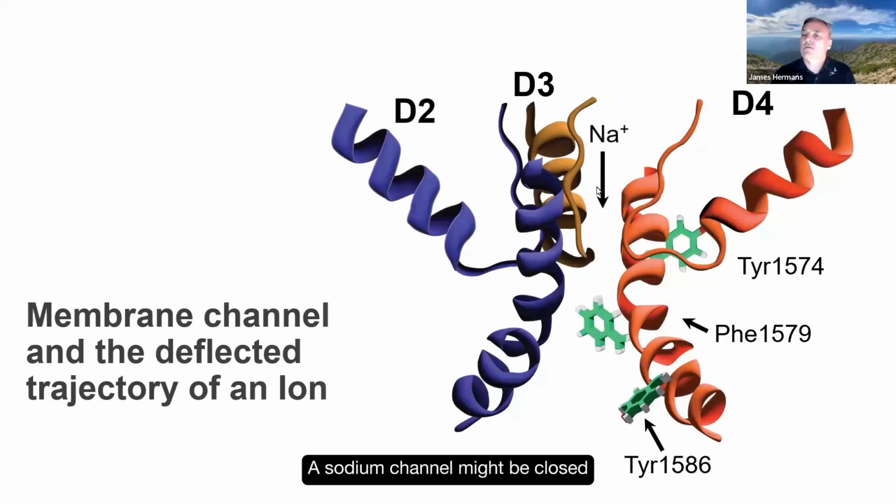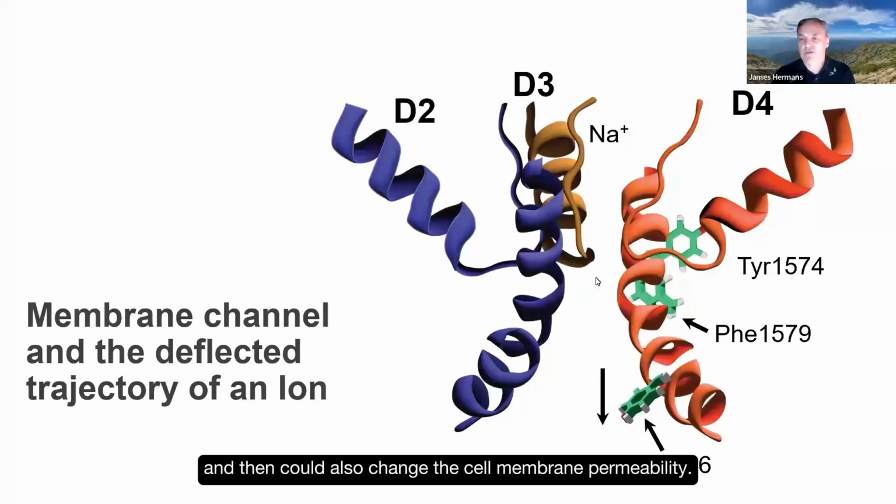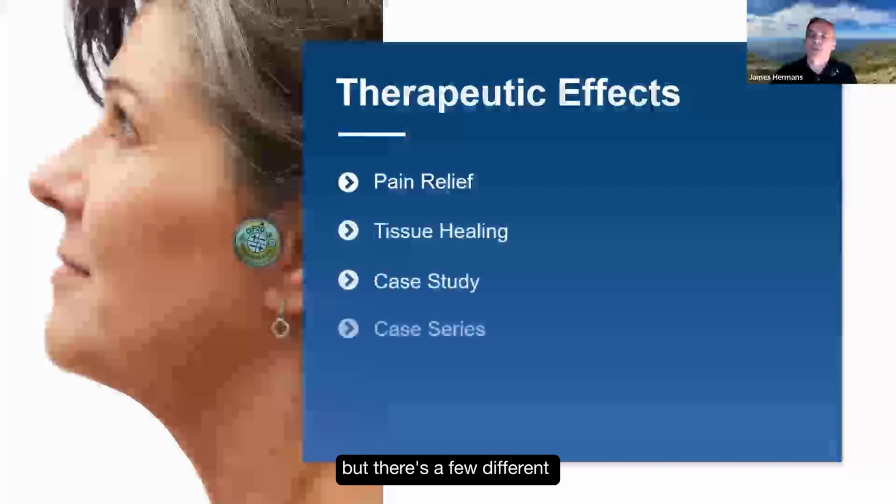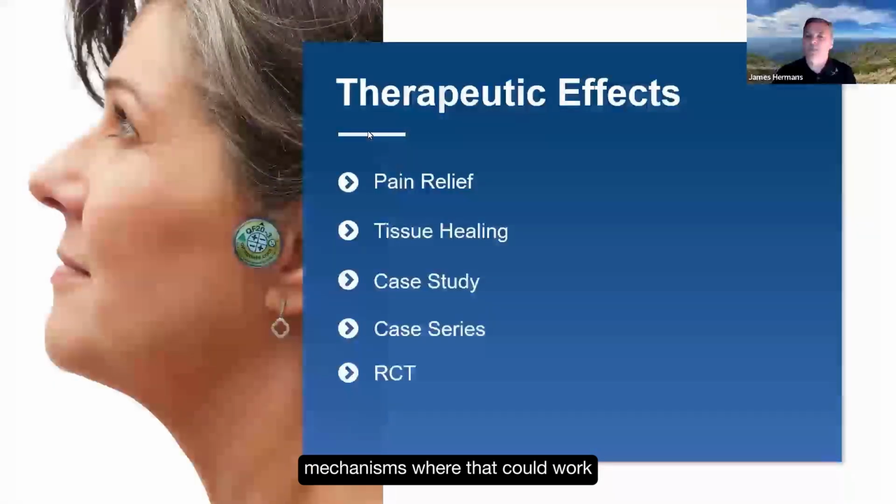And so a sodium channel might be closed, but in the presence of a magnetic field could open or close that channel with that phenylalanine amino acid, and then could also change the cell membrane permeability. So it's still not exactly known for sure, but there's a few different mechanisms that have been published where that could work.